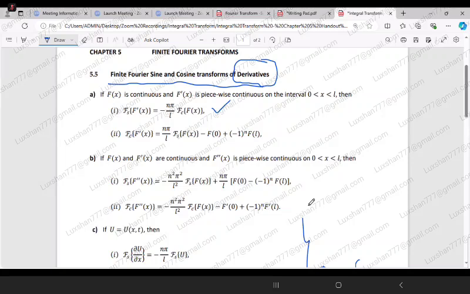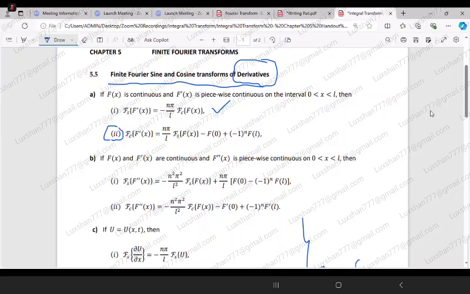Do you understand this one? Tell me whether you understand this. The proof is not given, so you have to do that. Right. The second one, similarly, you can do for the cos.